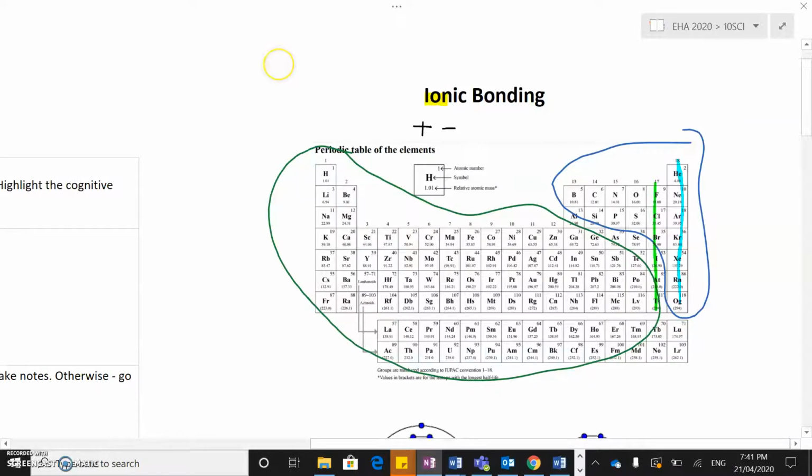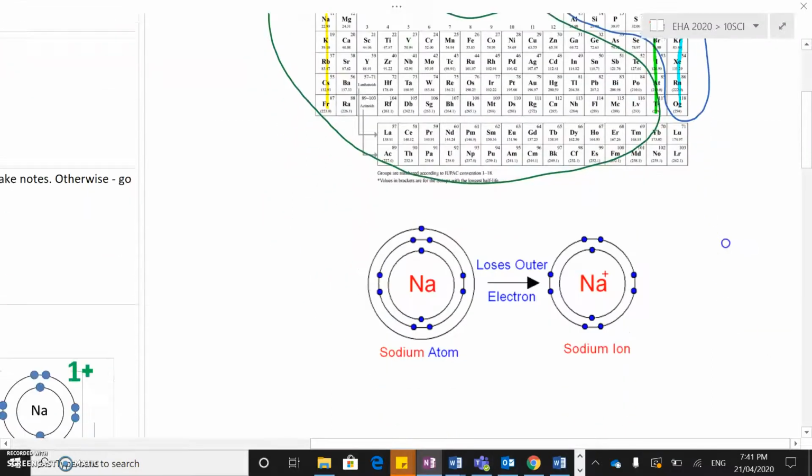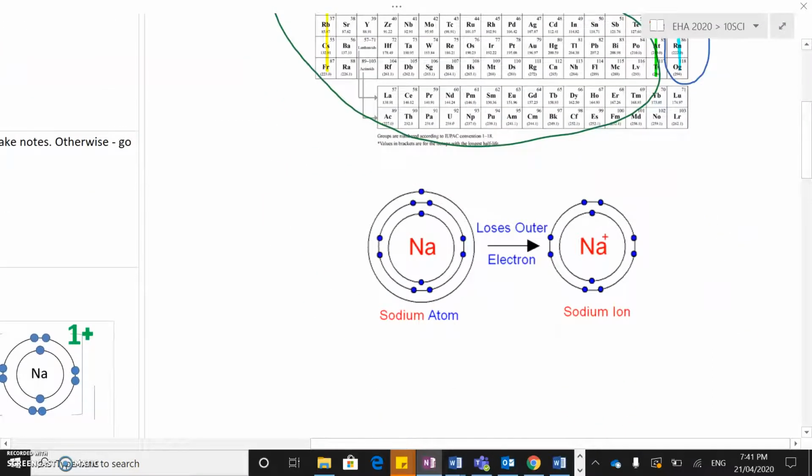On the contrary, if we look on the left-hand side of our periodic table, our hydrogen, lithium, sodium, potassium, part of our metal group here, they have one lonely electron in their outer shell. If they could get rid of that electron, they would then have a full outer shell. And we can see that process in our diagram underneath here.